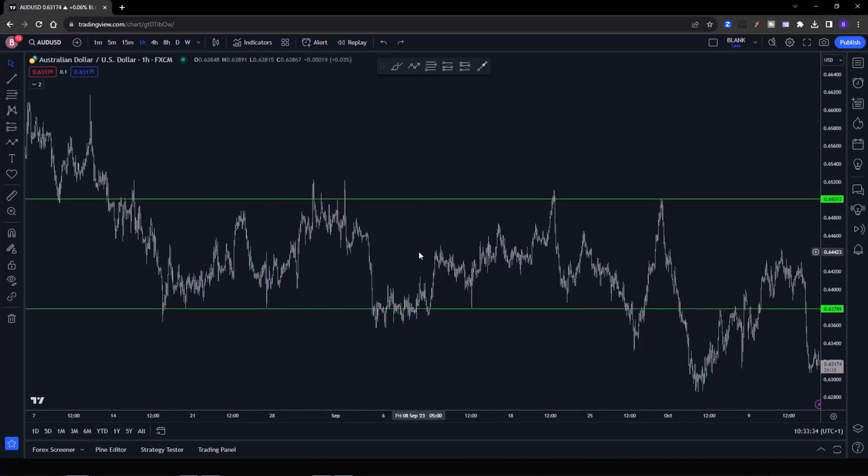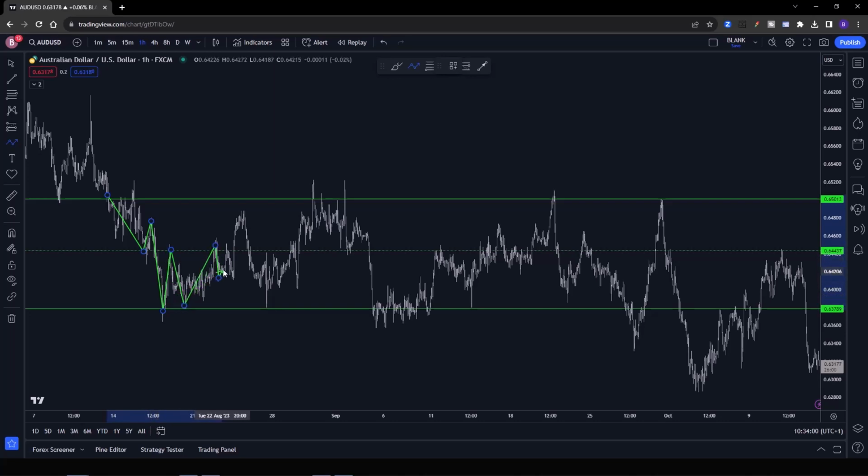Now, one last thing I want to show you is if I just hover my mouse roughly halfway and draw a horizontal line, you will see that within the range there's actually sort of a hidden level. I normally draw these as a dotted line because I call it a ghost zone. It isn't really there, but you can see there are some very clear reactions from this ghost zone.